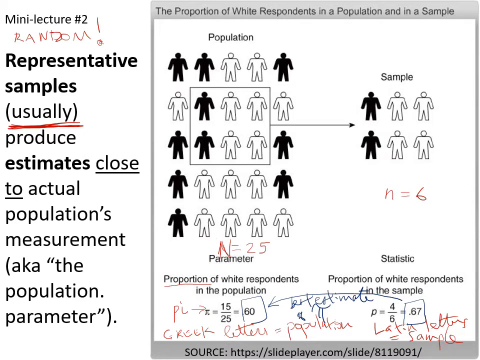So if there are 25 people, every person has a 1 in 25 chance of being selected, which is 4% or 0.04, if you like to think in terms of proportions. And so representative samples usually produce estimates that are close to the population's actual parameter.